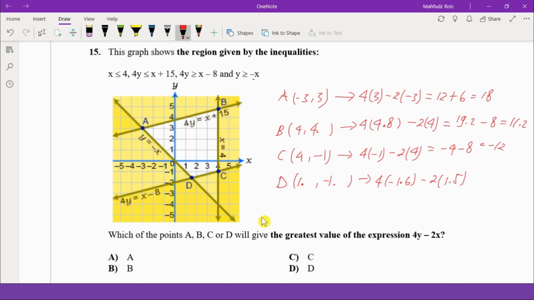That will be minus 6.4 minus 3. It will be minus 9.4. So you see here the greatest value will be 18. So point A is the greatest value, this one. So it's A.